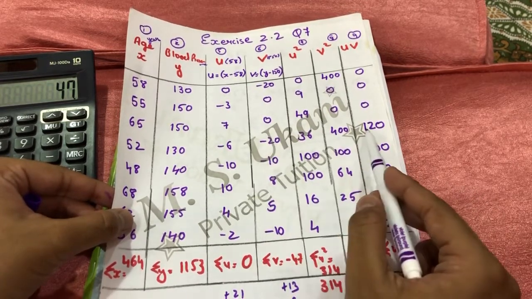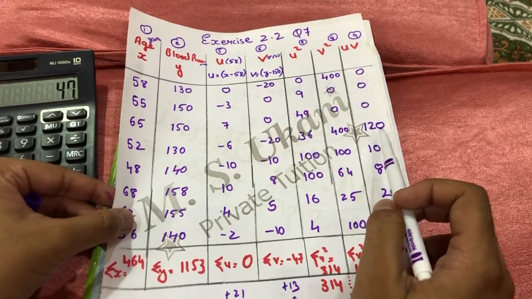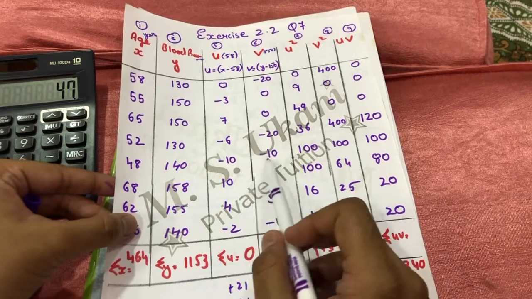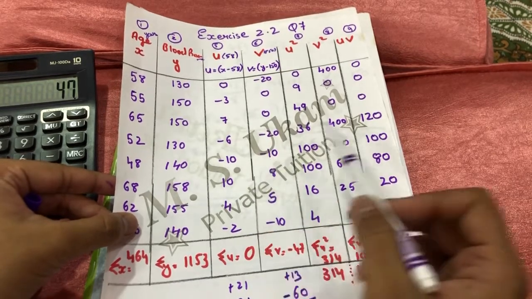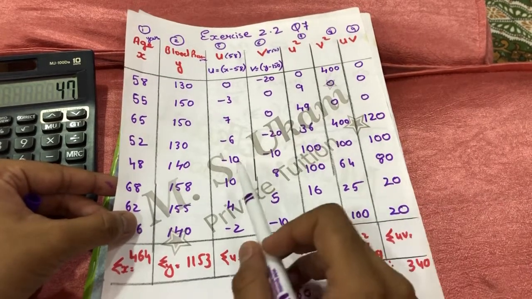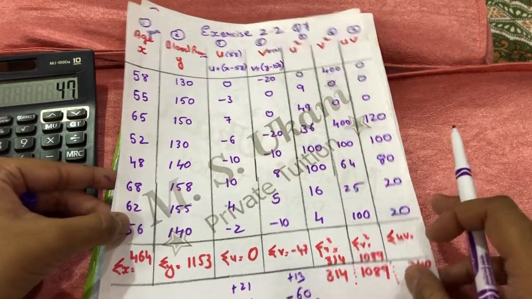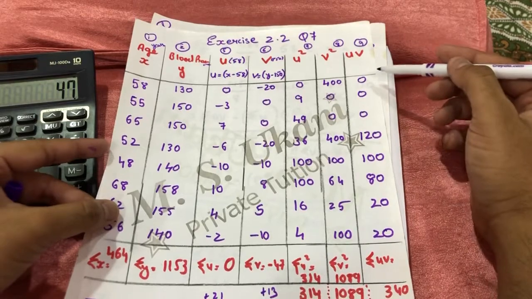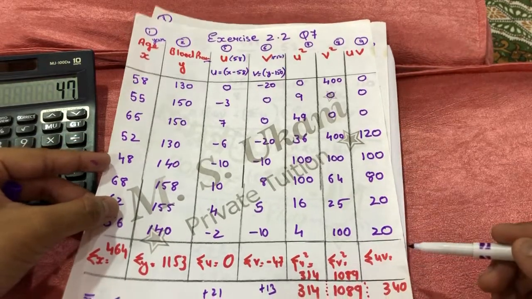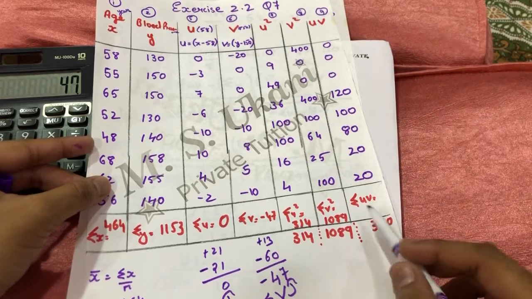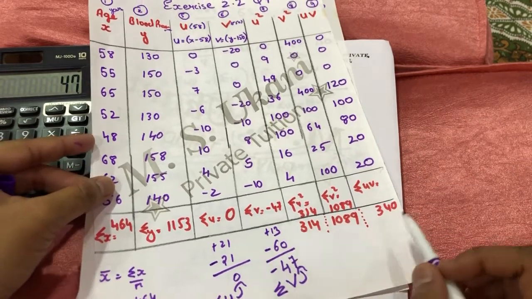Minus minus plus, so answer will come in positive, remember that. Again, uv multiply. 10 multiplied by 10, our answer will be 100. And minus minus, our answer will come in positive. So in this way we had calculated the last column, that is uv. And after adding this column, our summation uv will be 340.